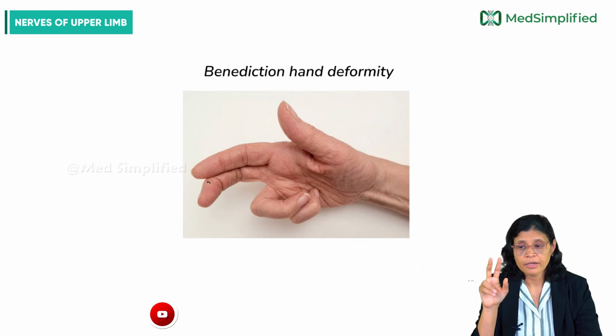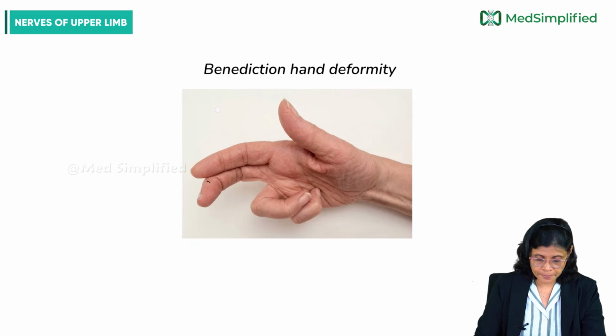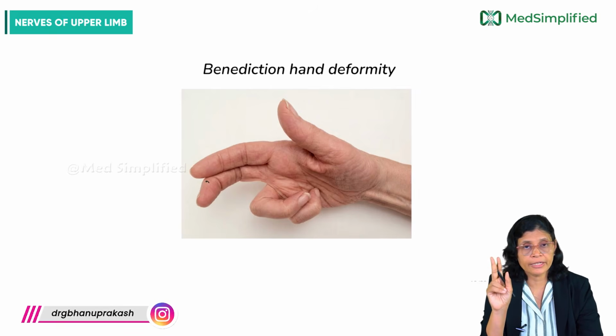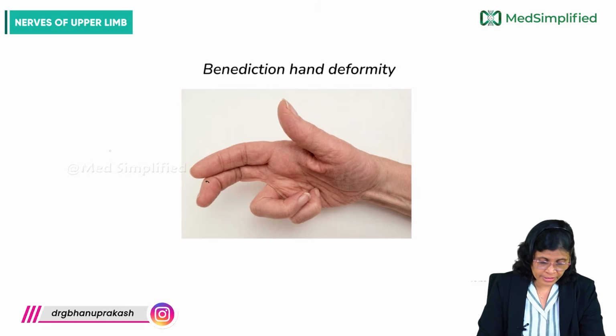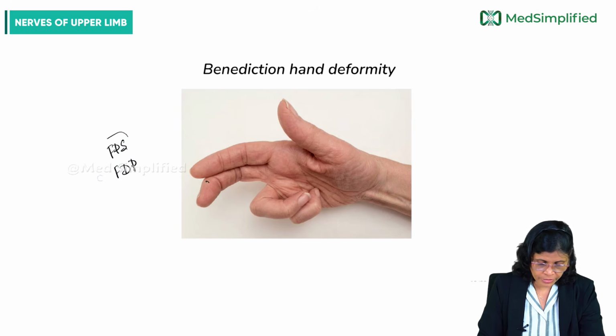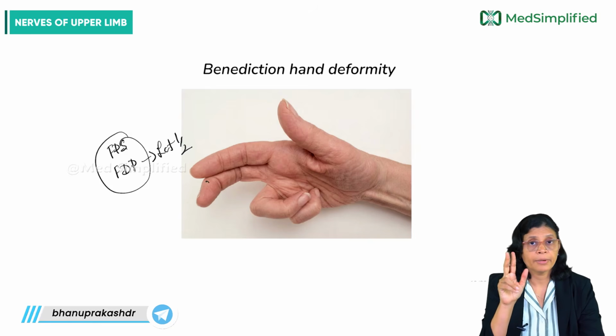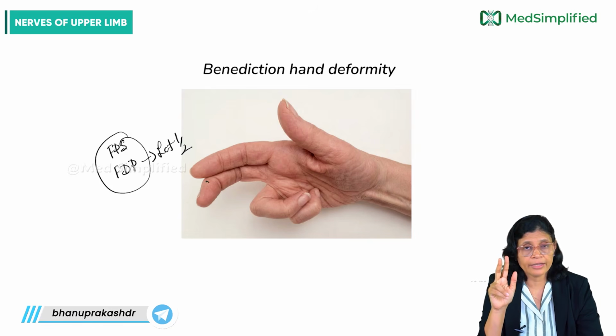Now why are these two fingers straight? Because of the paralysis of both the superficial and deep flexors, flexor digitorum superficialis and the lateral half of flexor digitorum profundus. Both of these are paralyzed, and because of that these two fingers remain straight.